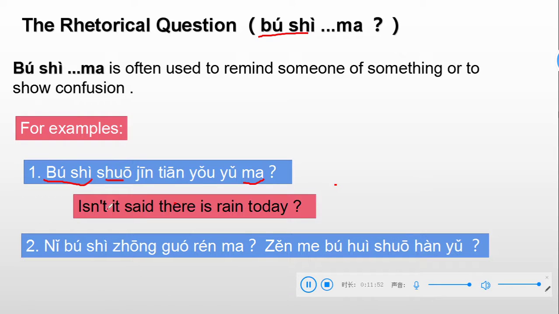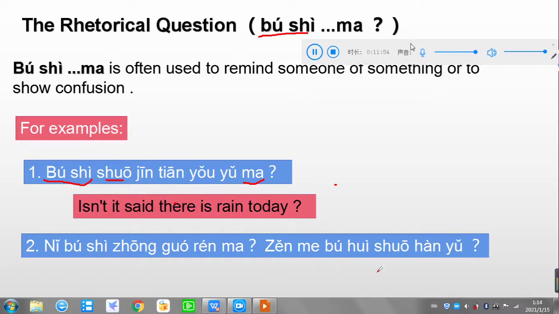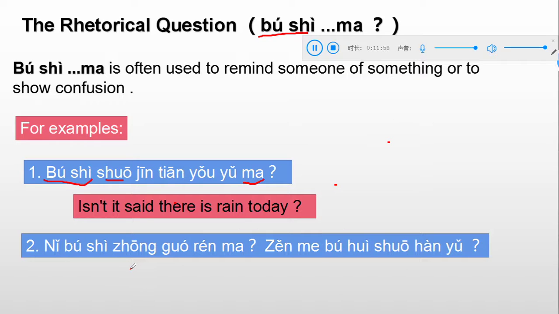Now example 2. This sentence is a bit longer. 你不是中国人吗？怎么不会说汉语？ Even though this sentence is long, it's pretty easy.